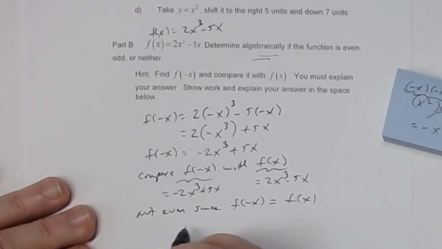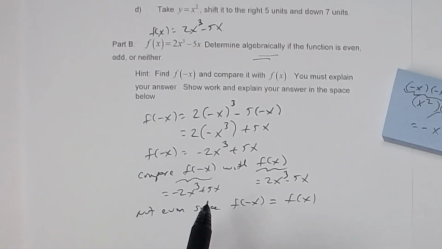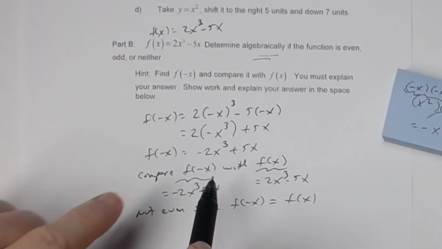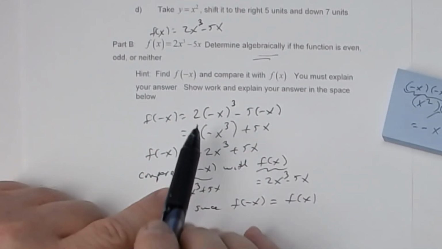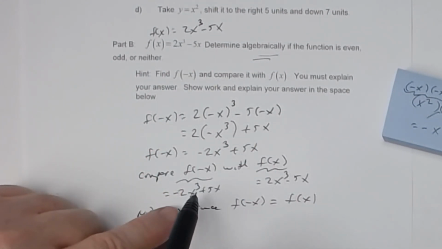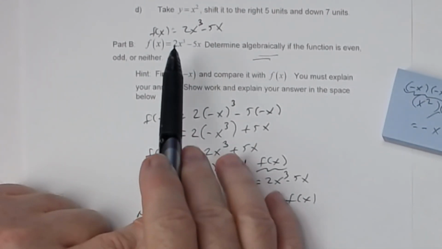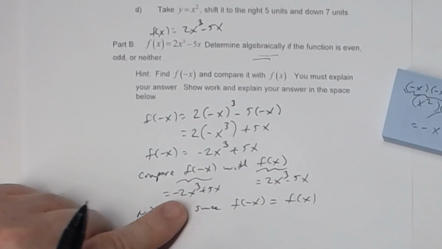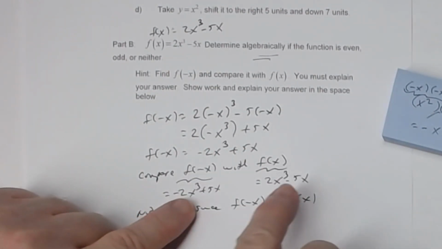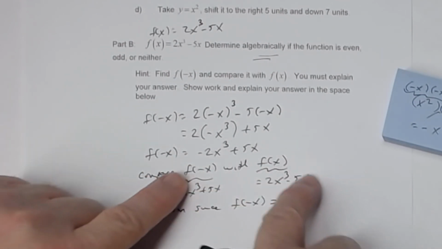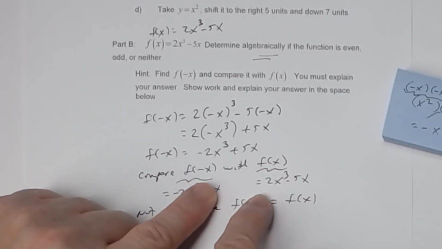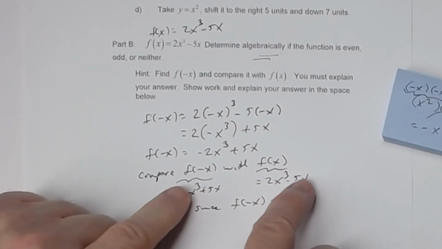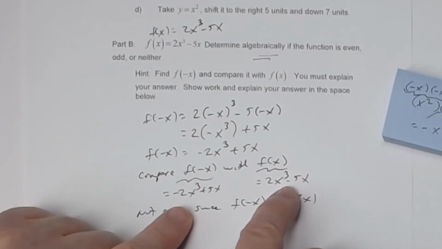Then the question is, are they odd? Well, remember, in order for this function here to be odd, when you look at f of negative x and f of x, they must be opposites of each other. So are these two expressions here opposites of each other? In other words, are f of negative x and f of x opposites? And the answer is yes.